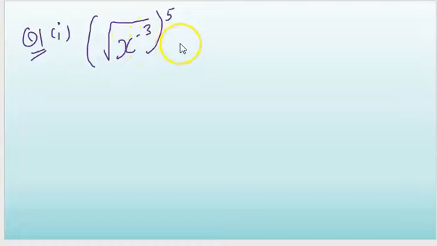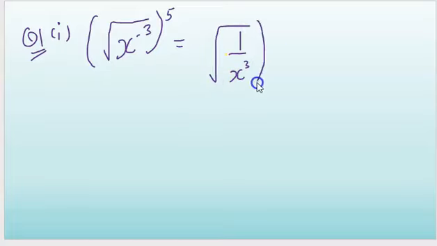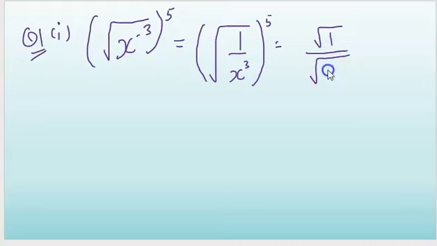I had already explained, so to make the power positive I will write this as 1 upon x raised to the power 3, with the root sign and the bracket outside with power 5. Now, how to remove the square root? I will take this root in the numerator and in the denominator, and the bracket outside with power 5. In math, steps are important students, see the step.